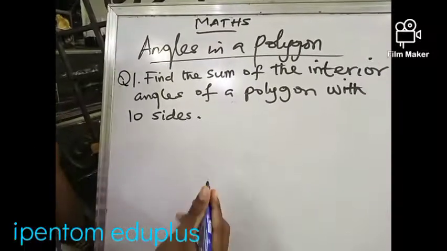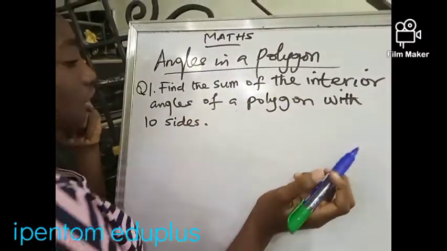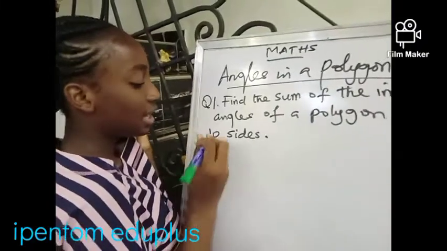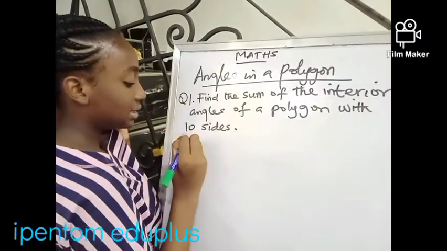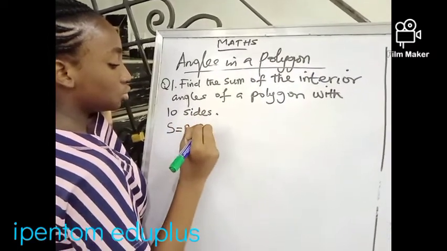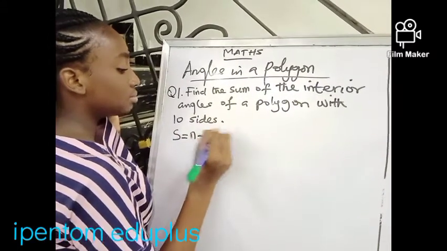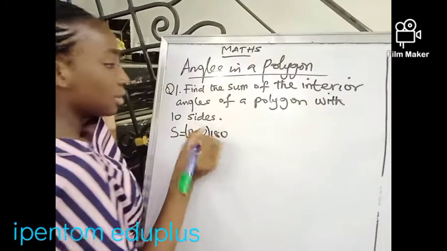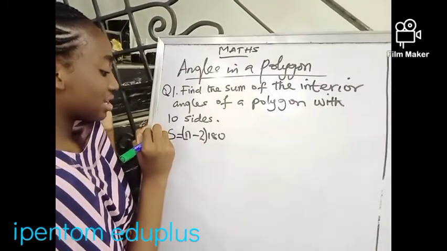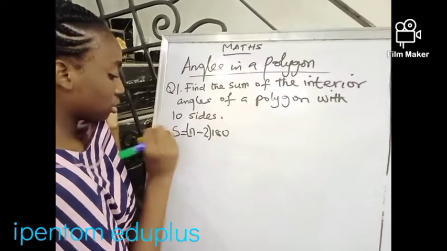Question 1, find the sum of interior angles of a polygon with 10 sides. The formula is S equals (N minus 2) times 180. We're looking for the sum of interior angles, and this is the formula for finding it.